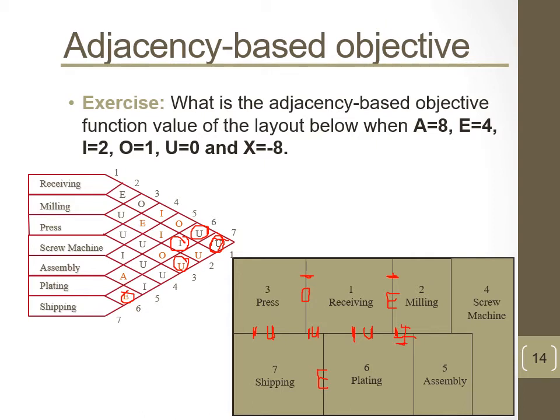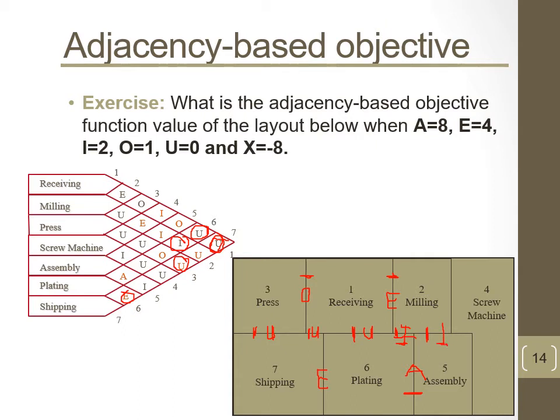1 and 2 share a common border and their relationship is E. Okay, 2 and 6 share a border here, you see this border here, and 2 and 6 have a relationship of important, so we can write I here. And then 5 and 6 share a common border and their relationship is A. 2 and 5 share a border here, and the 2 and 5 intersection is I, important.